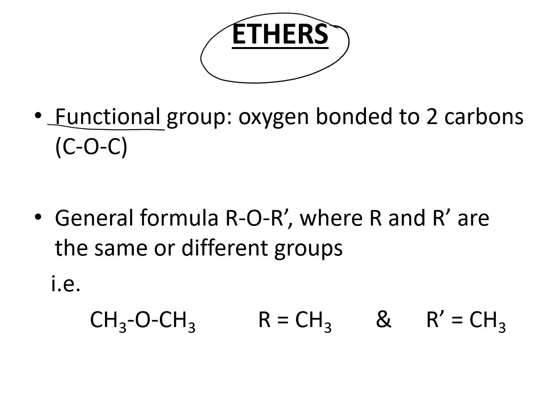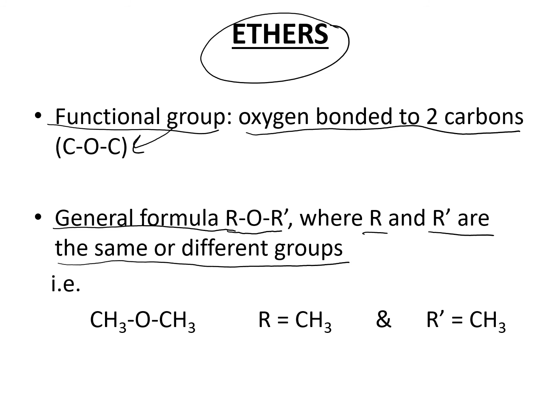Ethers are functional groups. An ether is when we have an oxygen bonded to two carbons. The general formula is sometimes given as R bonded to oxygen bonded to R prime, where R and R prime can be the same or different groups. Here, R is CH3 and R prime is also CH3.